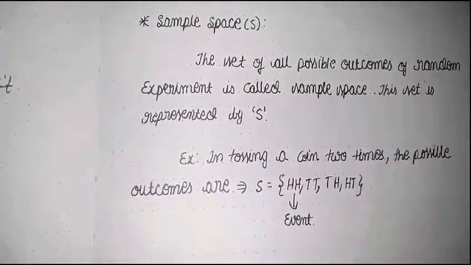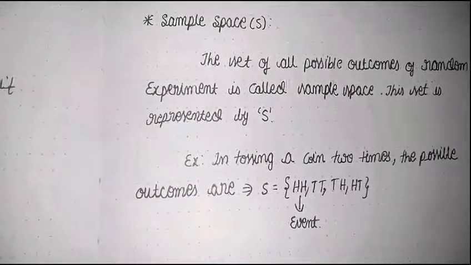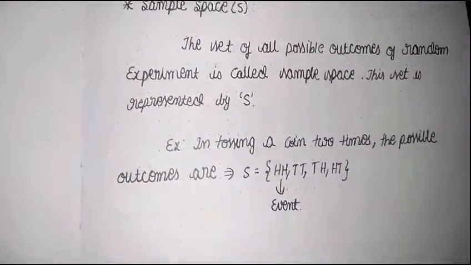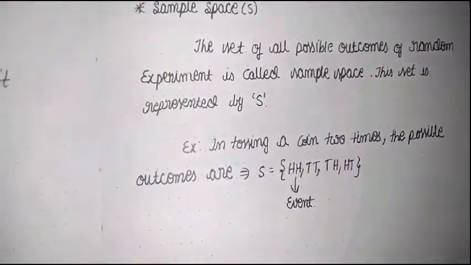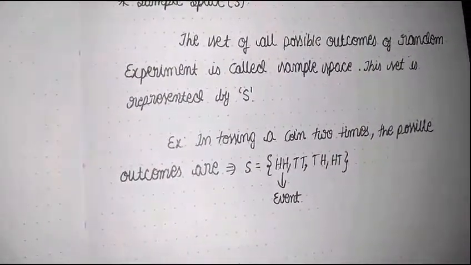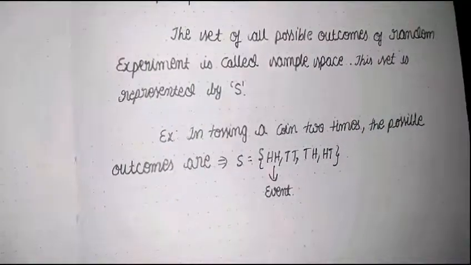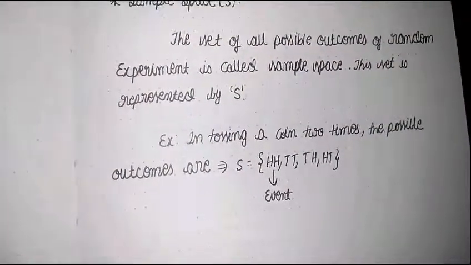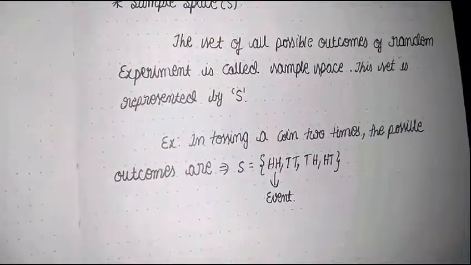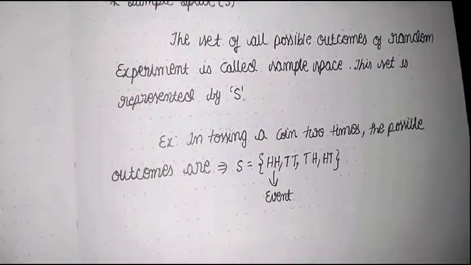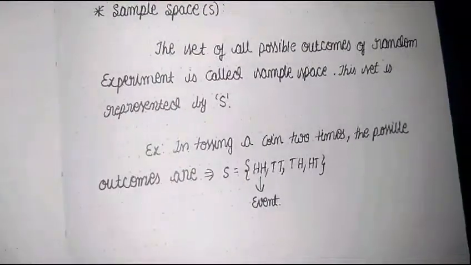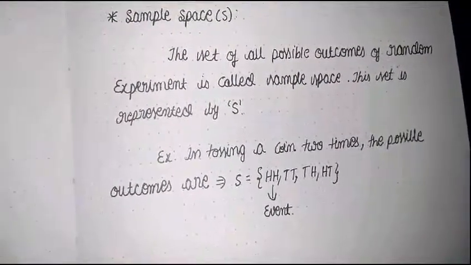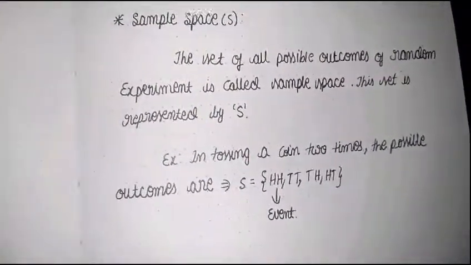Next, we are going to learn an important term known as sample space, which is denoted by the notation S. The definition of sample space: the set of all possible outcomes of a random experiment is called the sample space. This set is represented by the alphabet S. Again, listen carefully.